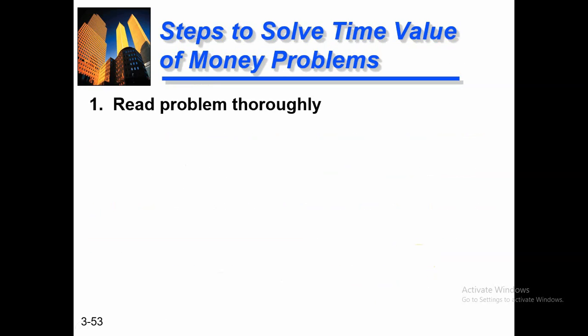So here are certain steps which you need to follow whenever you are calculating the annuity investment cash flow streams. First, you need to read and understand the problem thoroughly, what the exact problem is.